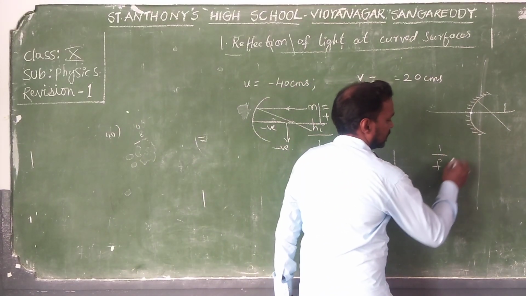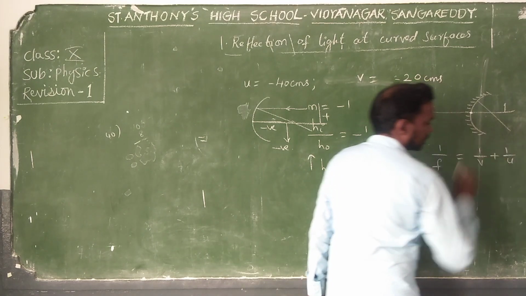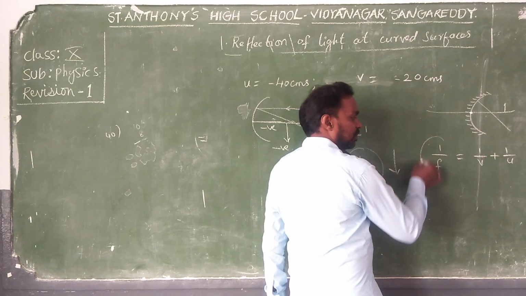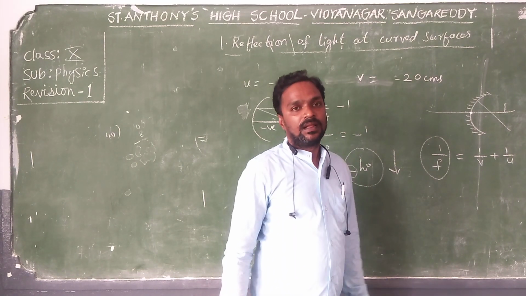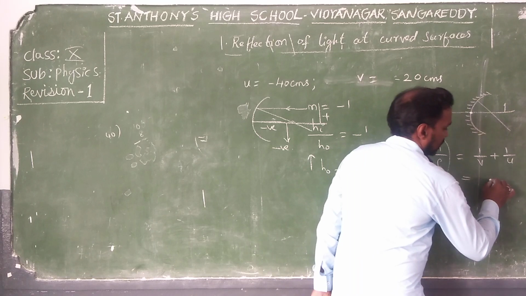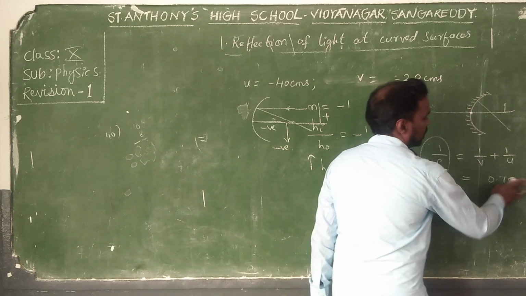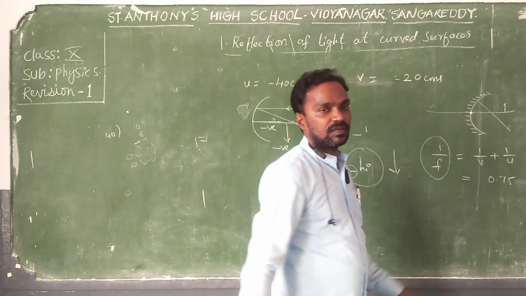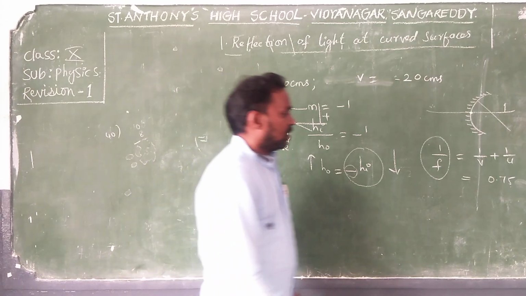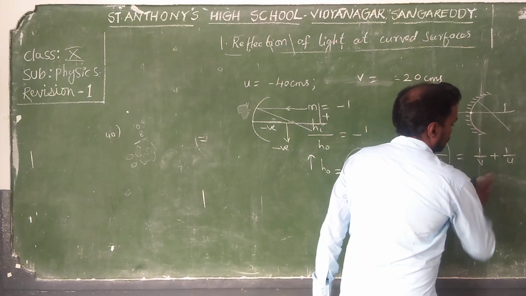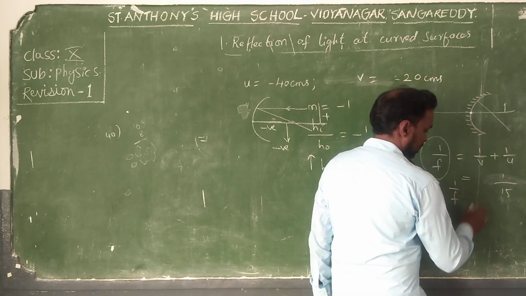1 by f is equal to 1 by v plus 1 by u. See, if you don't take the reciprocal of it, that becomes magnification. Suppose this value comes to 0.75 centimeters. After getting the answer, suppose you got 1 by f is equal to 1 by 15.